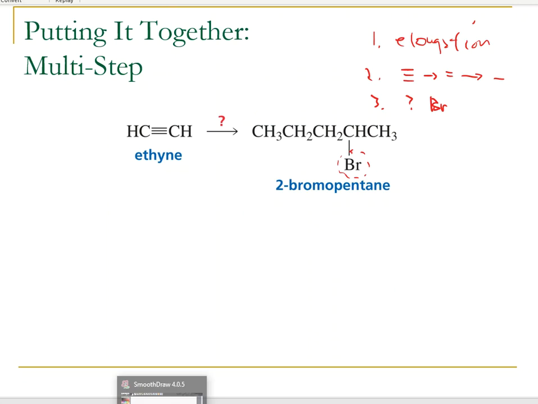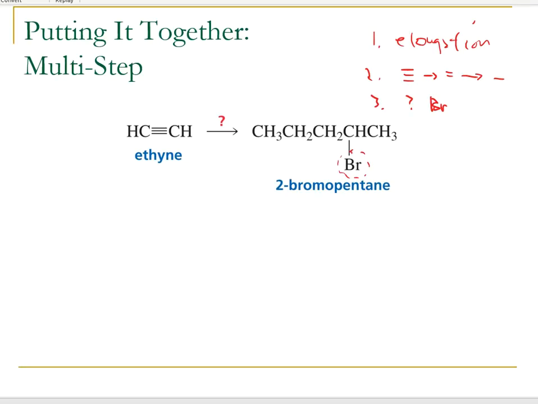Now, let's figure out how we can do this. The first thing said chain elongation. Right? Well, most of the time, chain elongation happens first. And the reason is because I don't really destroy this triple bond. The integrity of that triple bond stays in the molecule throughout the chain elongation step.